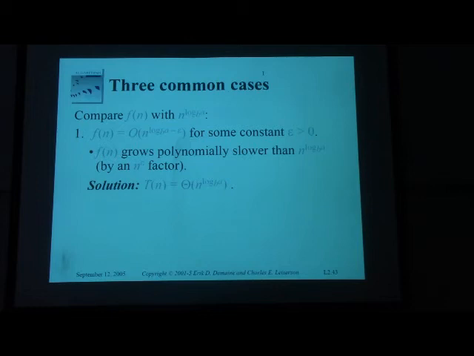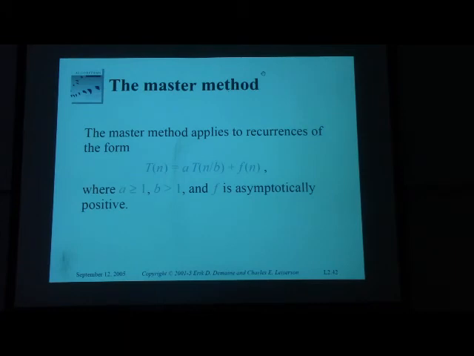Did you know that? We talked about it, but that's okay. We'll come back to it. So for example, let's say for the sake of argument that b is equal to 2. That means each level is getting a problem cut by 2. And a is equal to 4. So 4 branches, each of them cutting the problem in half.